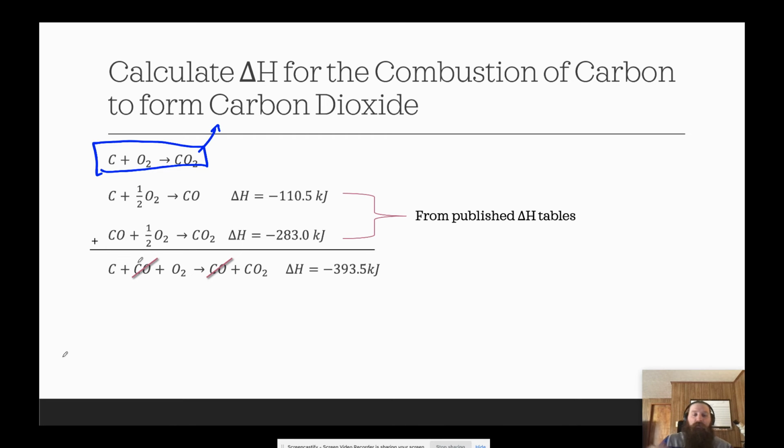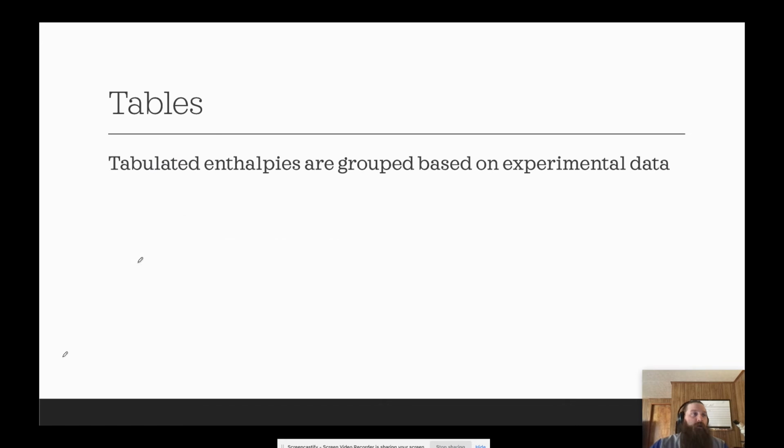If it exists on the left and it exists on the right, when we add two reactions together, then we cancel it out. We also add our enthalpies together because that's what Hess's law tells us to do. And so without burning any carbon, I can tell you that the combustion of carbon has an enthalpy of negative 393.5 kilojoules. It's just adding.